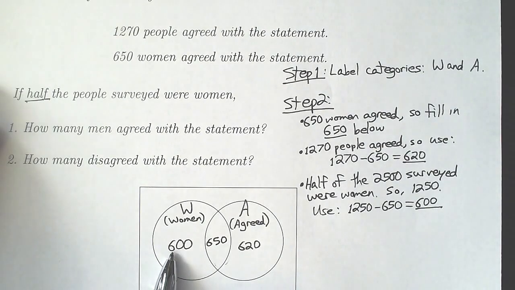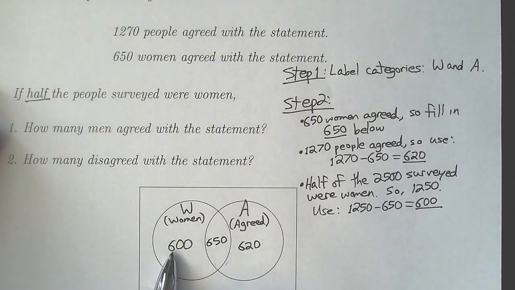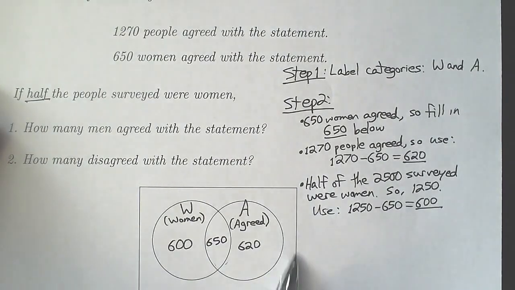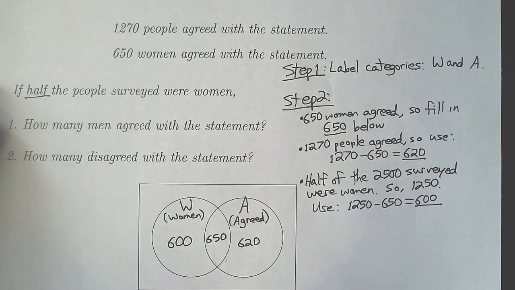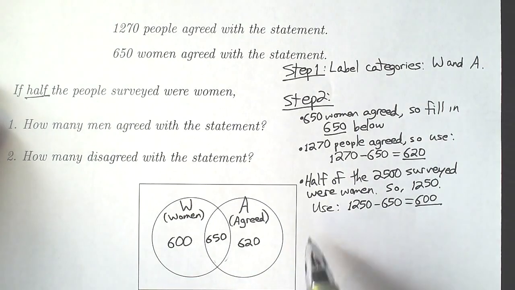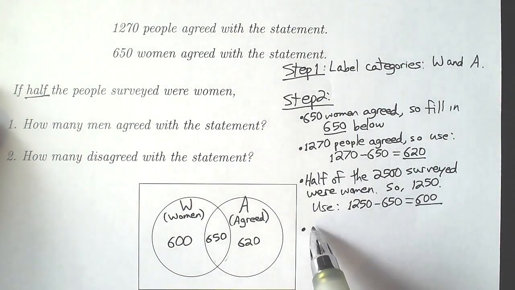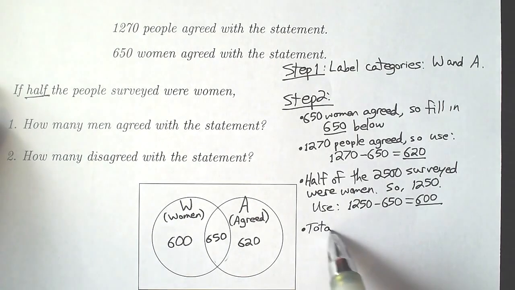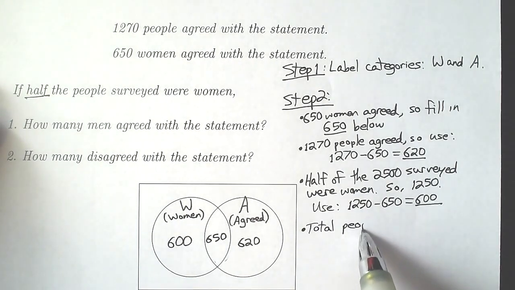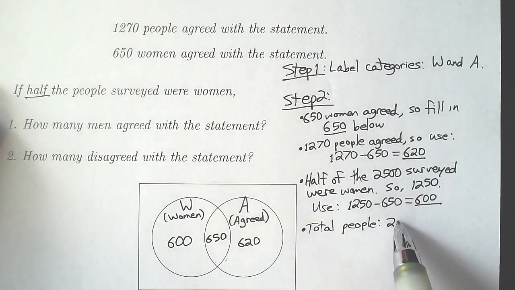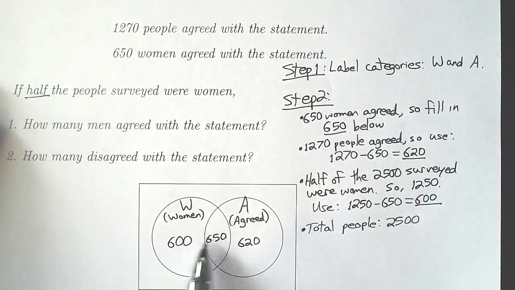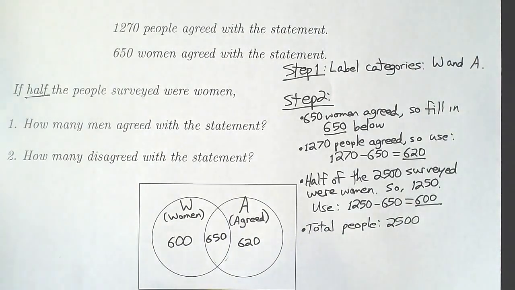Are we done with step 2? No, there's still one more thing. We need to figure out if there are any other people out here in the universal set, right? So are there any people that were not accounted for so far? The total number of people should be 2,500. So does this add up to 2,500? I don't think it does. I think we're missing some people. So we could check.